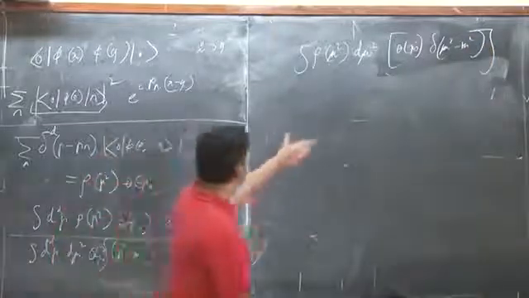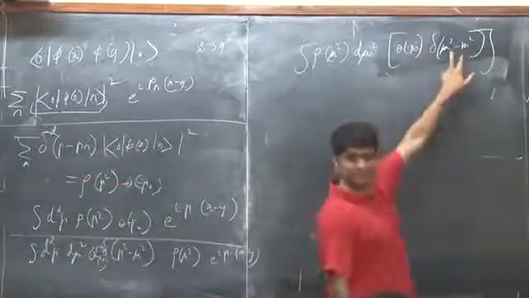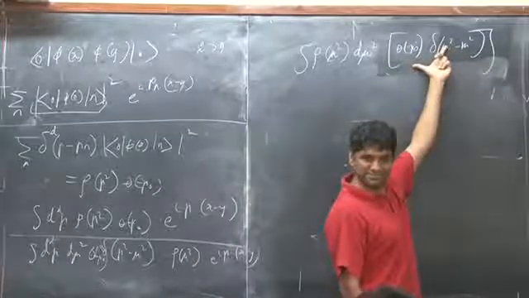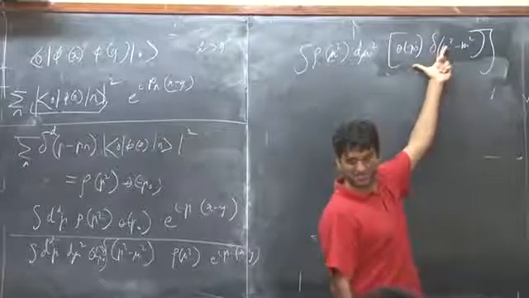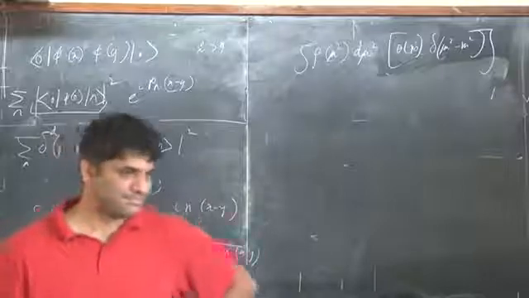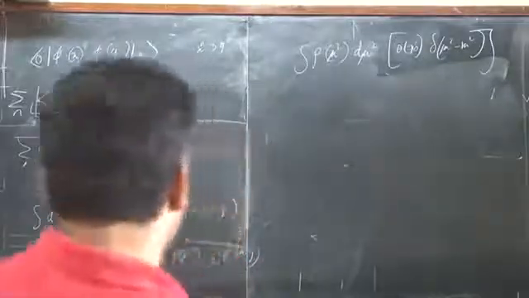But this is exactly the free boson propagator for x naught greater than 0, as we just derived. Is this clear?